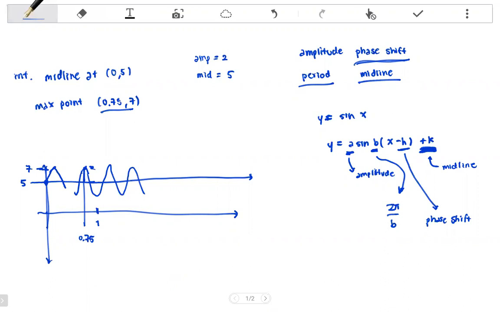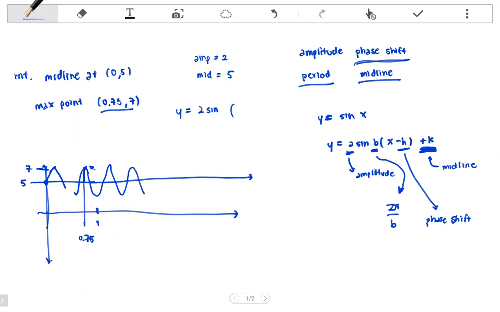So knowing that, let's write down our information so far. Y equals, A is amplitude, so 2 sine, not cos, sine of, we don't know period yet. Let's leave that for now. I'll leave a blank there.